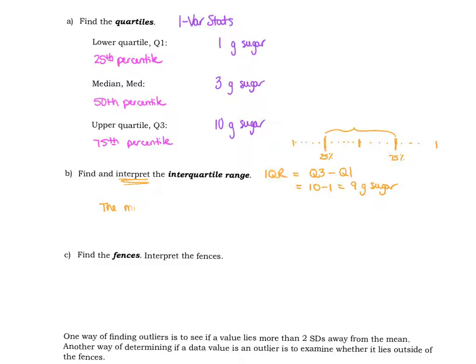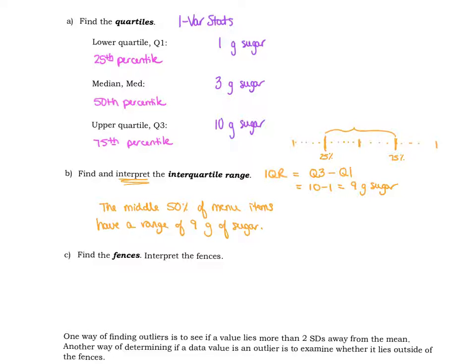The middle 50% of menu items have a range of 9 grams of sugar. So the interquartile range is talking about the middle 50%. Always, always, always. There's never any other value it's talking about.